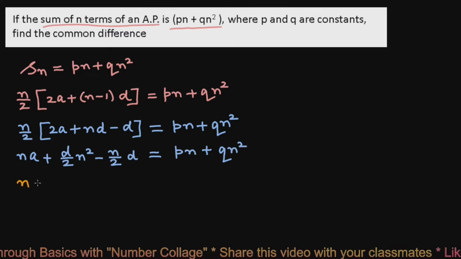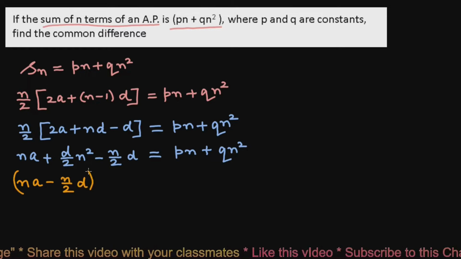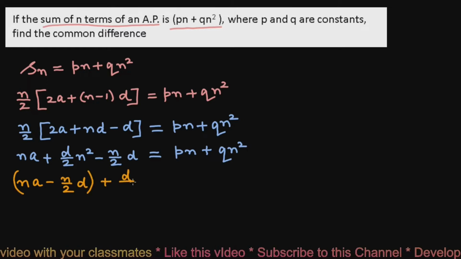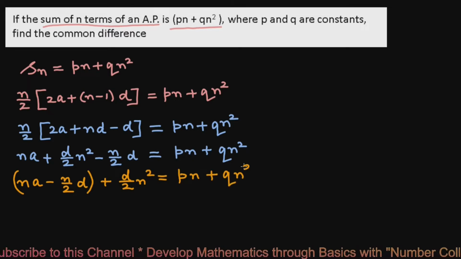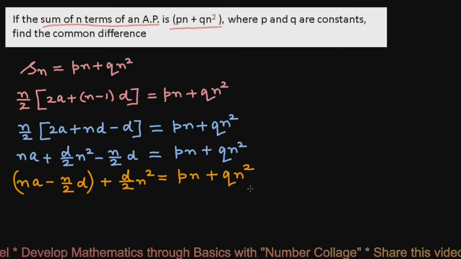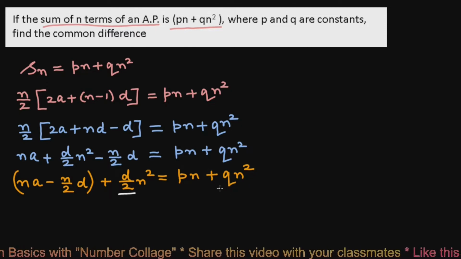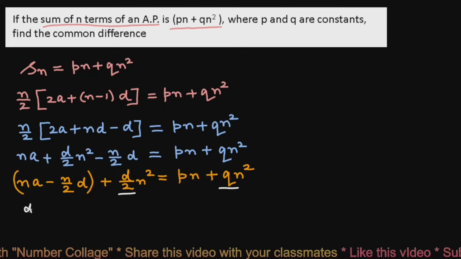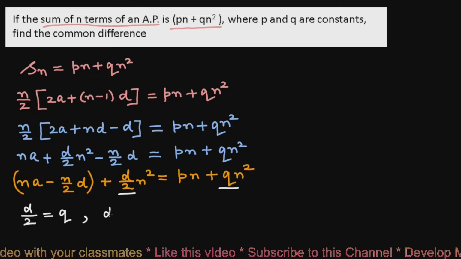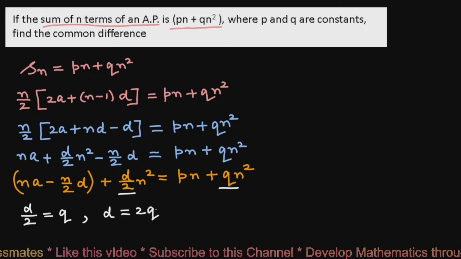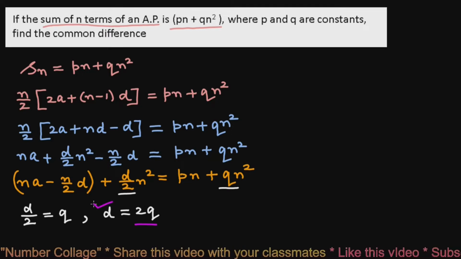This will be na minus n by 2 d, we will put this in bracket, plus d by 2 n square equals Pn plus Qn square. Now if we compare the coefficients of n square, which are d by 2 and Q, that gives us d by 2 equals Q, that gives common difference d equals 2Q. So 2Q is the value of the common difference d.